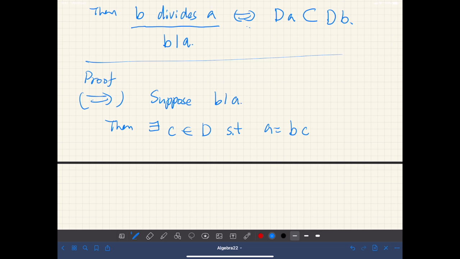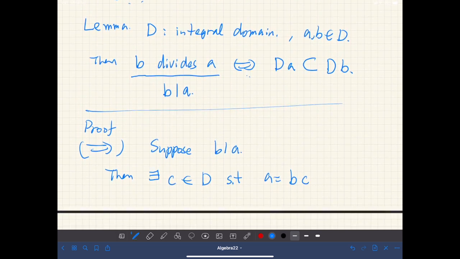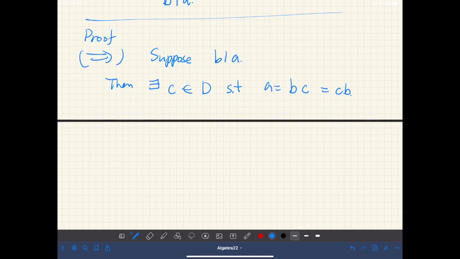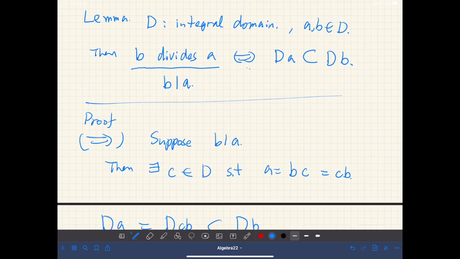Since we are assuming this is an integral domain, it is a commutative ring, so this is equal to CB. Therefore, the ideal dA is equal to dCB, but this is a subset of dB. So the only if part is proved.